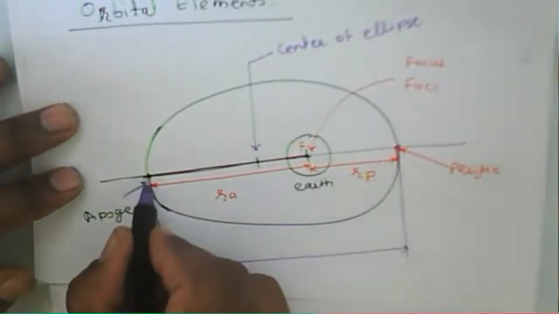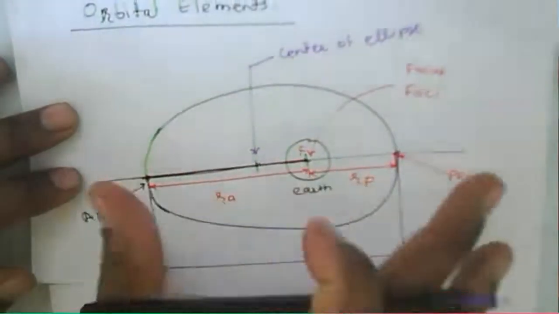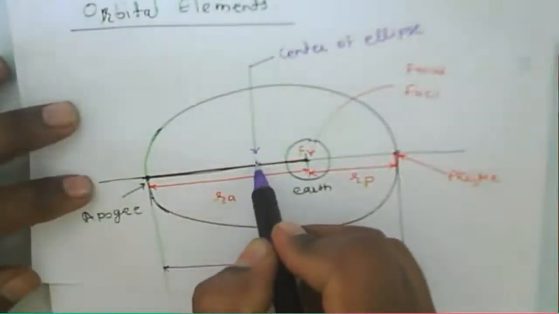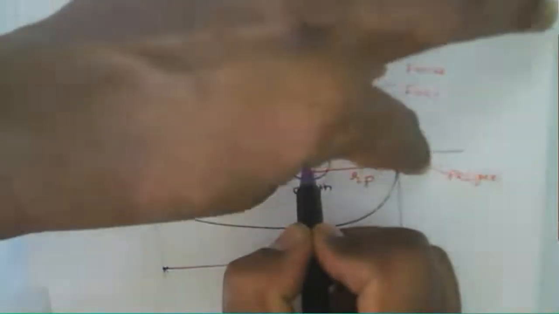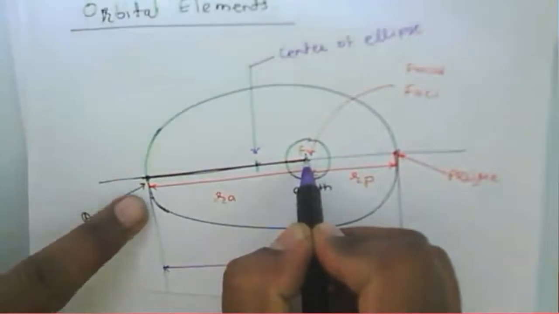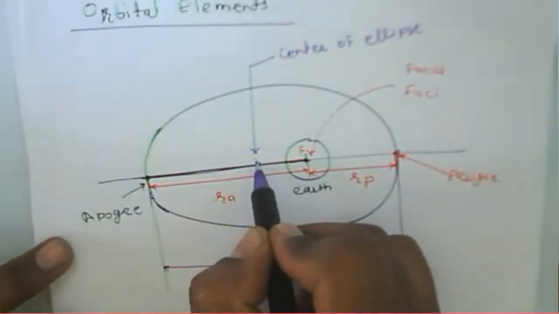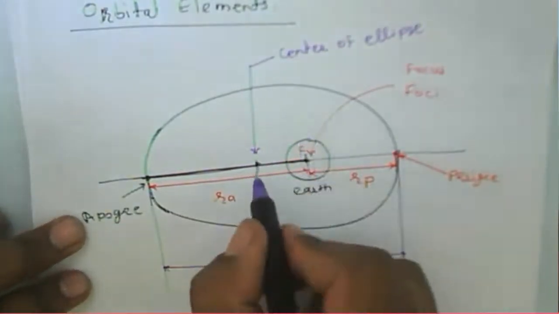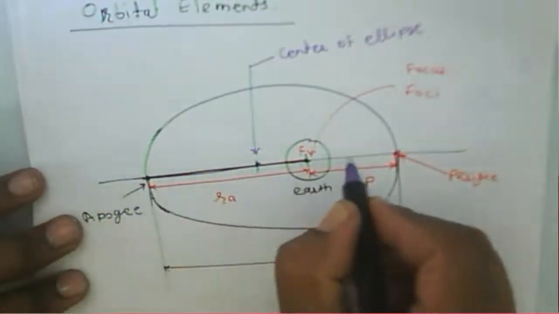Now from this center of the ellipse, the distance to the apogee point and to the perigee point is the same. But those points will no longer be perigee and apogee if we take them from the center. If you take them from the focus, then they will be apogee and perigee.